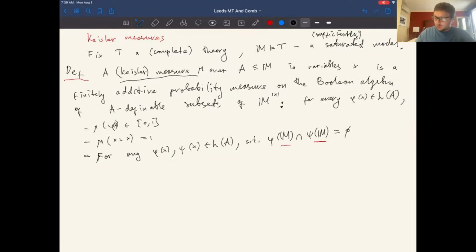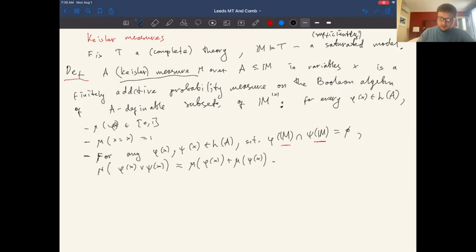so the set of all elements of the model satisfying this formula. So given two disjoint definable sets, the measure of the union, so the measure of phi of x disjunction psi of x, is just the sum of their respective measures, so mu of phi of x plus mu of psi of x.